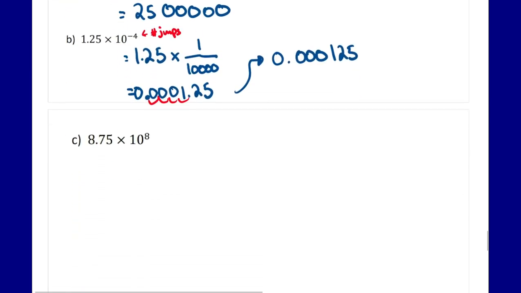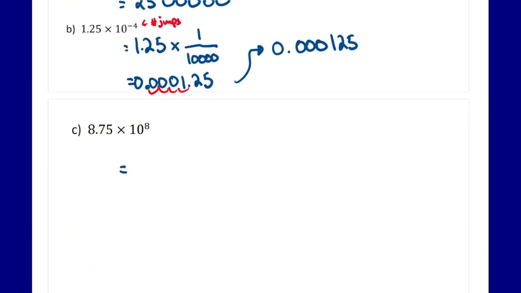We'll do one last example. We're going to do a quick way rather than showing the full expanded form. So 8.75. The 8 tells us the number of jumps. It's positive, so we're going to jump to the right. So 1, 2, 3, 4, 5, 6, 7, 8. That's where the decimal is going to go.